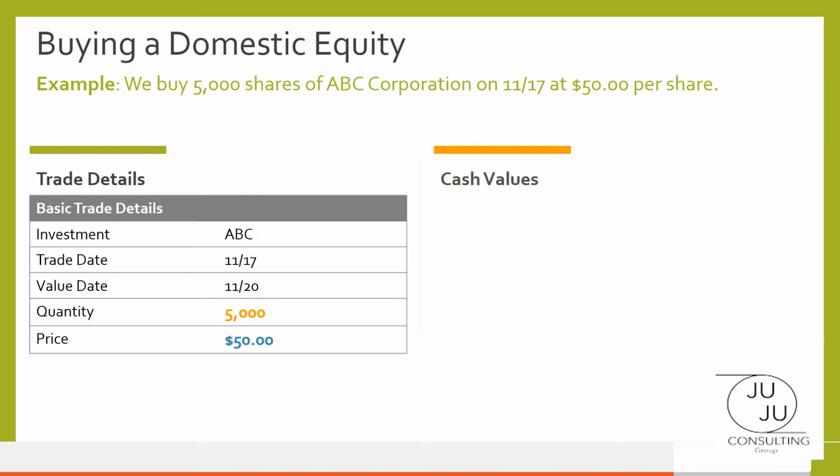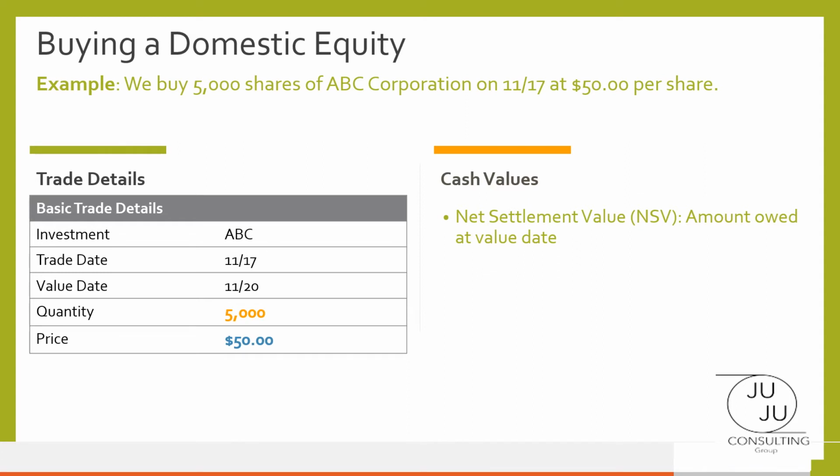Notice that we specified the value date, also known as settlement date, as November 20th. Why? That's because it is standard for US equities to trade on a T+3 method. That means that US equities will settle 3 days after the trade date. Next, we need to calculate our cash values. At this point, the only value that we will need is our net settlement value.